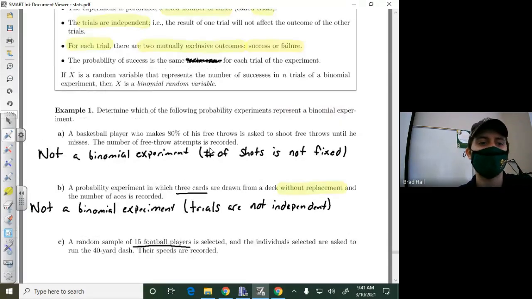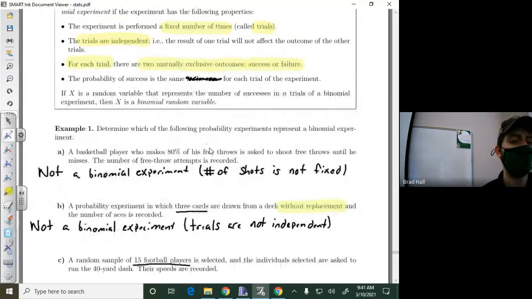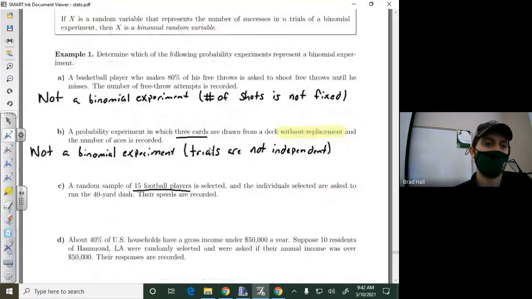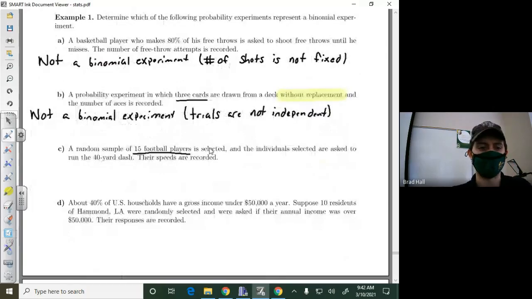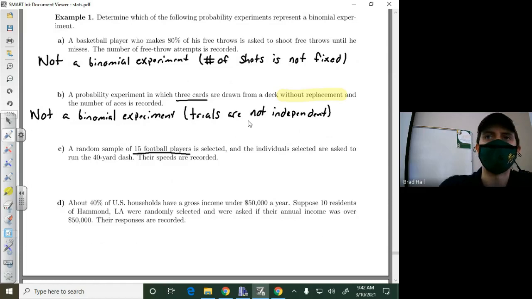And so the next thing: for each trial, there's either a success or a failure. Is there a success or failure in this experiment? All right, since you're all very vocal about the answer, I'll just give it away.